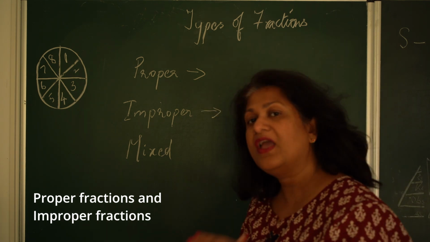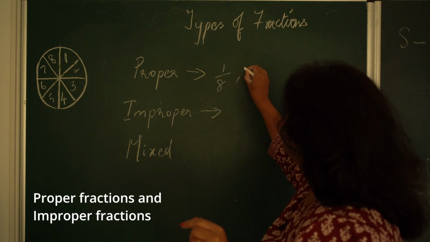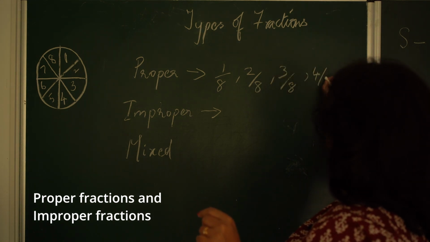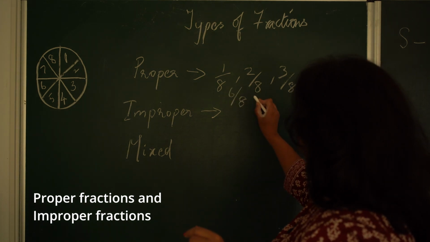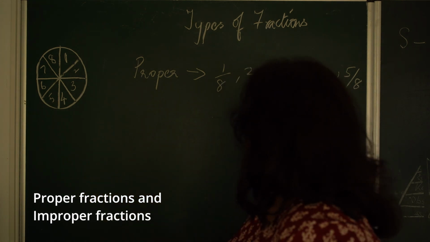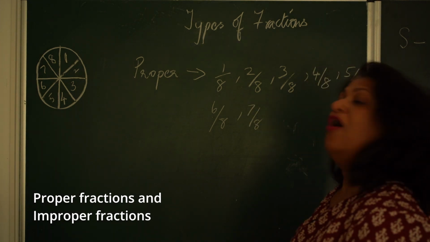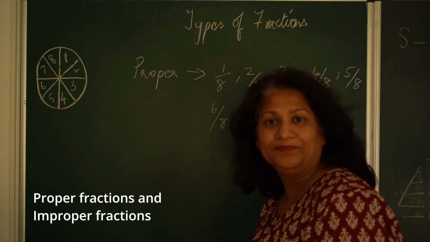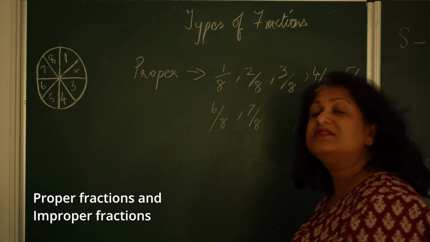Any number that is less than 8: so 1 by 8, 2 by 8, 3 by 8, 4 by 8, 5 by 8, 6 by 8, 7 by 8. All these examples are proper fractions, because all these numbers on the top are smaller than 8.